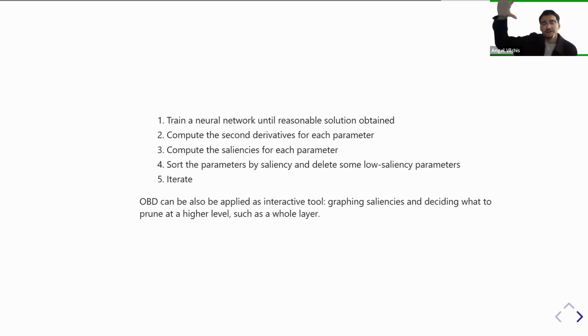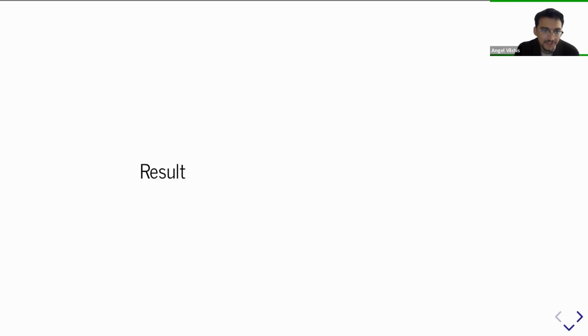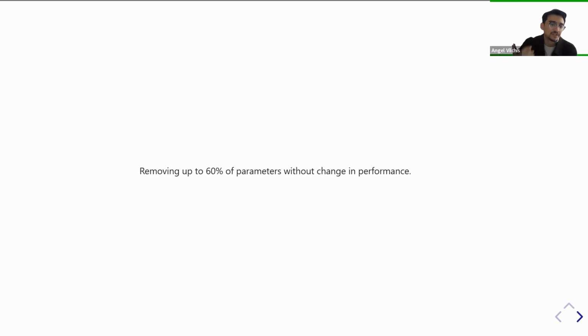Imagine if all the saliencies in the last layer are very low, then it would point to maybe we don't need that last layer. So that's what they did. And the result: they removed up to 60% of parameters without changing performance. That's pretty good, and they did that with this method.